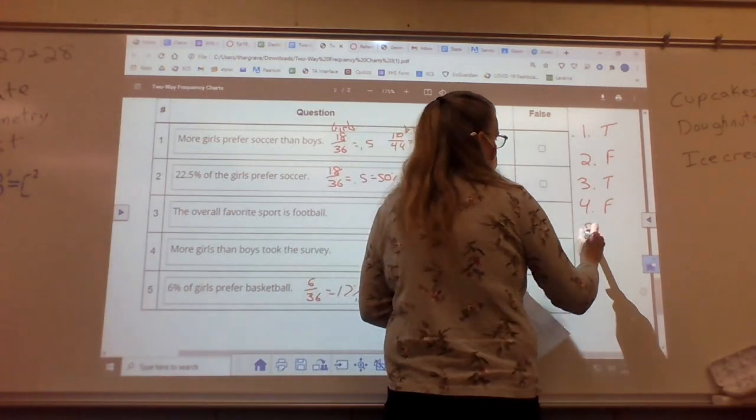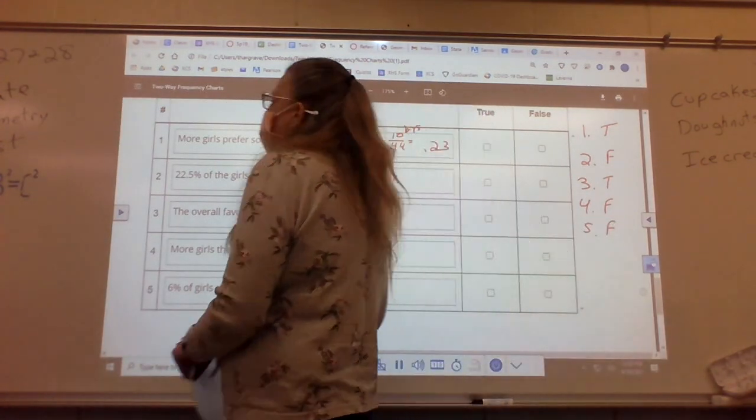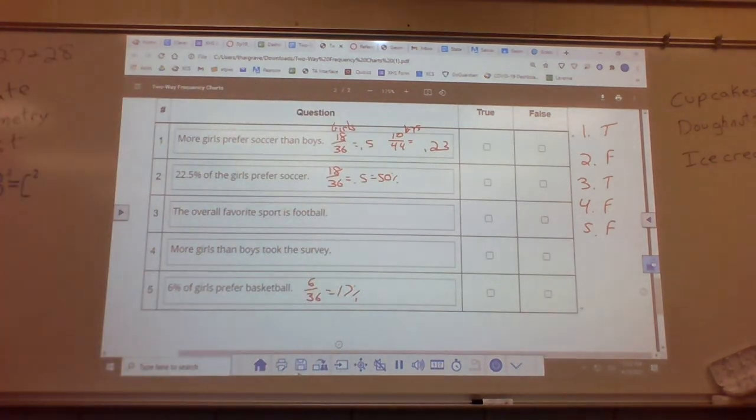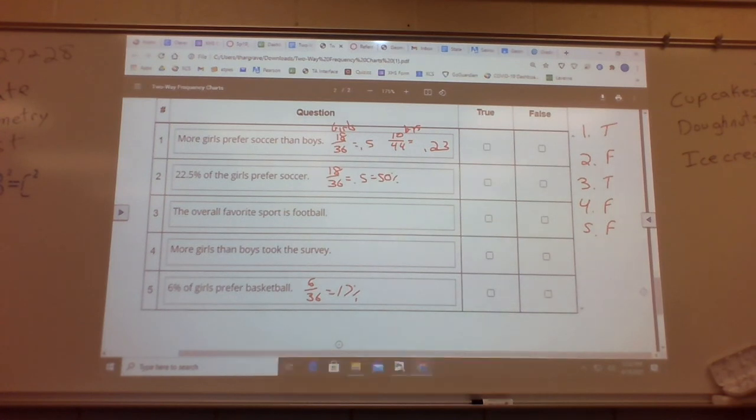So that one was false. So that's how it went. Two-way frequency chart, finishing up probability stuff. Now there still may be a few probability ones in the ones I'm going to be giving you, because now we're just kind of doing random old questions. Questions on this? I'm going to pause this or stop this for the time being.